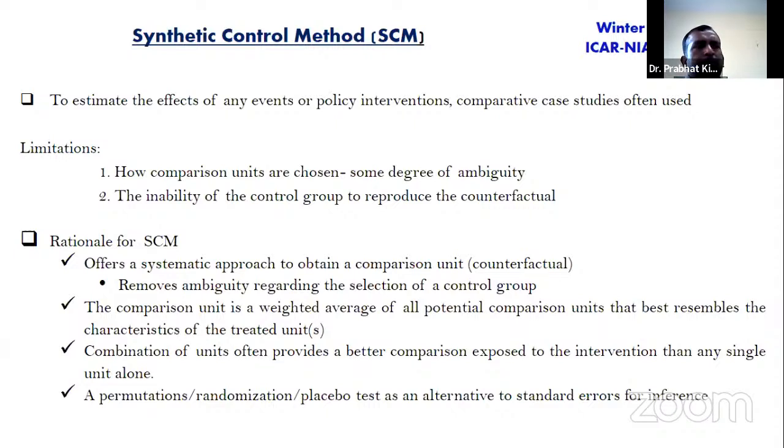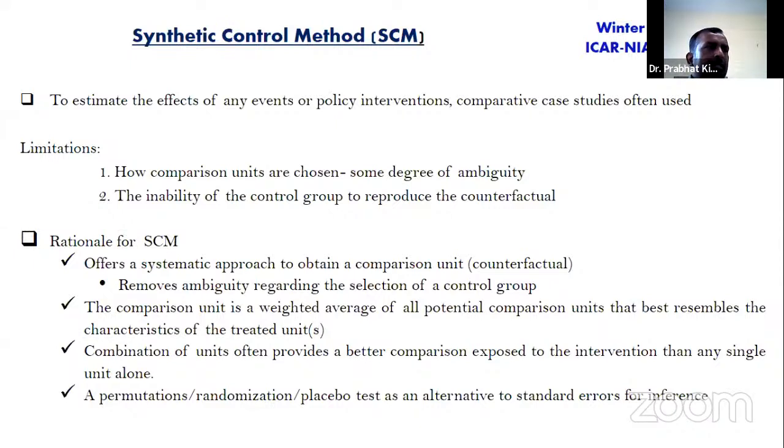The donor pool means the states we have considered in our study to construct the counterfactual. So we have considered 16 states in our donor pool to construct the Punjab counterfactual, or you can say the synthetic Punjab. How that is constructed, I will cover later.